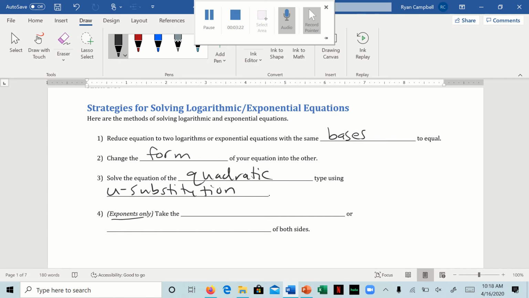If you have no clue what to do for an exponent problem, you can always take either the common logarithm or the natural logarithm of both sides. This might actually be easier than changing it into logarithmic form, potentially, but we'll see an example of that. So here are your strategies for solving logarithmic or exponential equations.